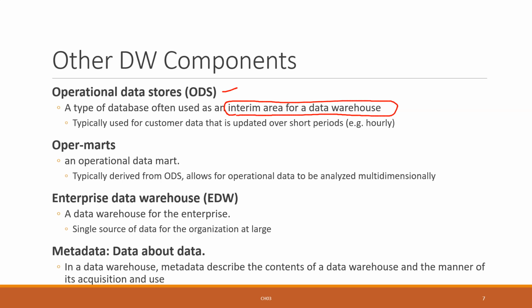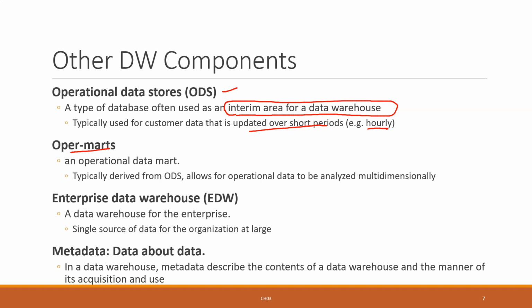This is ideal for any type of data that is updated quickly, and here they say updated in short periods, they say hourly. Think about Amazon might be using something of this nature to update data every minute. So I think of these as more like buffer zones.